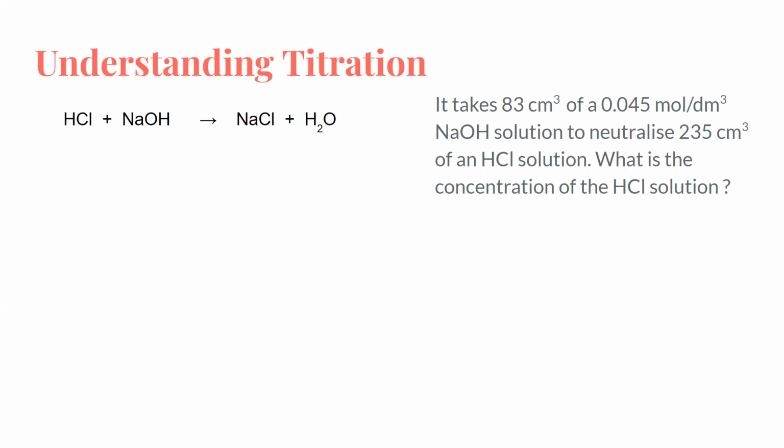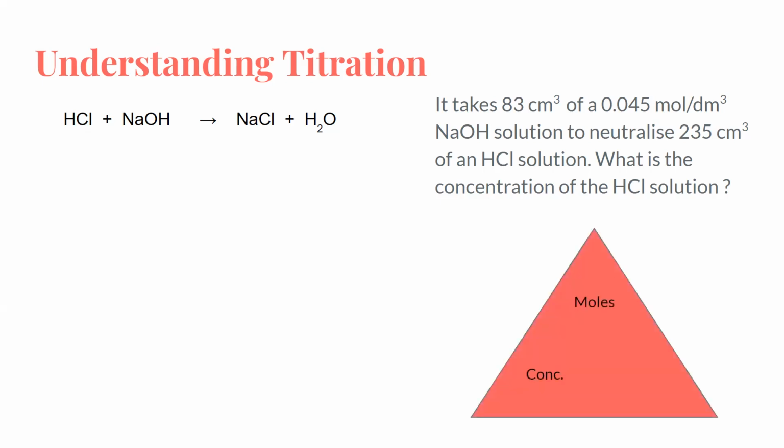So by titration, they determined that it took 83 cm³ of 0.045 moles per dm³ of sodium hydroxide to neutralize this acid of an unknown concentration. So what is the concentration of hydrochloric acid? Well, let's see.